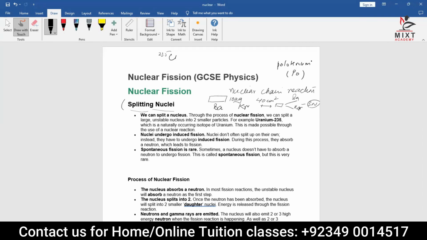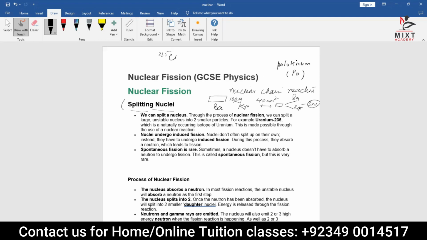Now, the important thing is, as the name suggests, nuclear fission. Fission means breaking of a bigger nucleus into smaller nuclei, or breaking of a parent nucleus into daughter nuclei. One big nucleus is broken down into two smaller nuclei, and definitely lots of energy will be released in this.